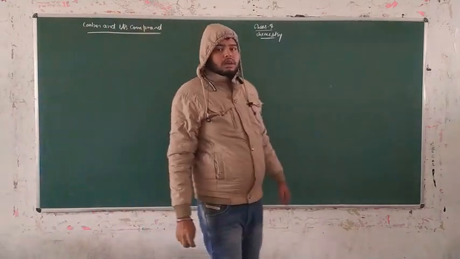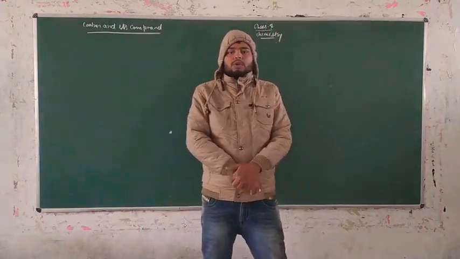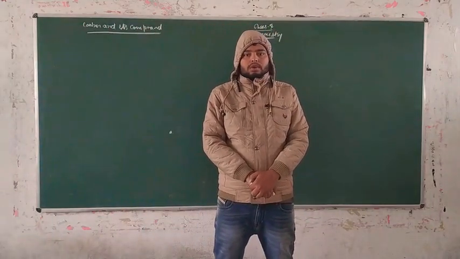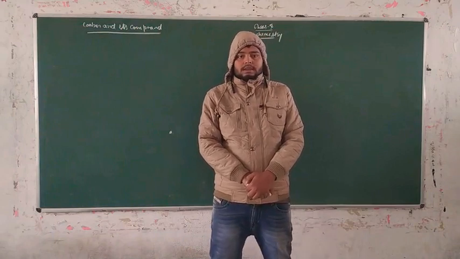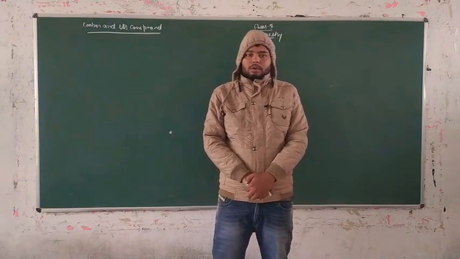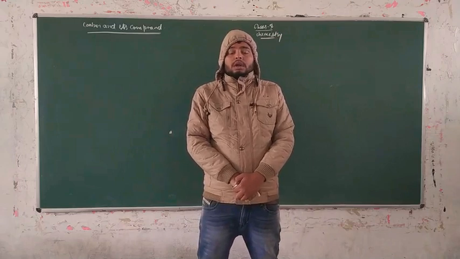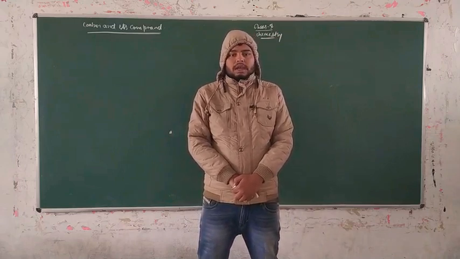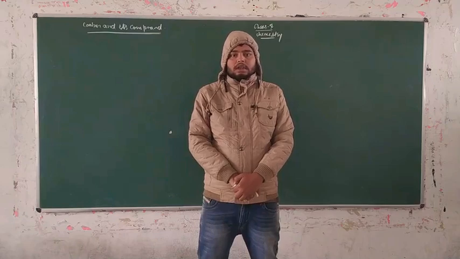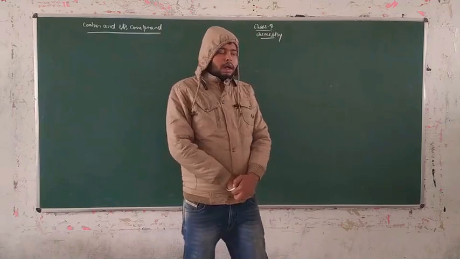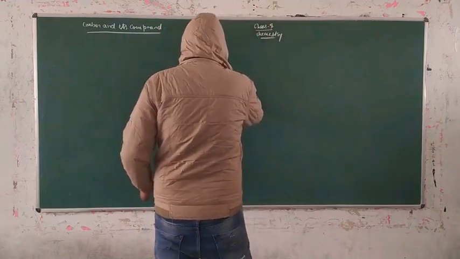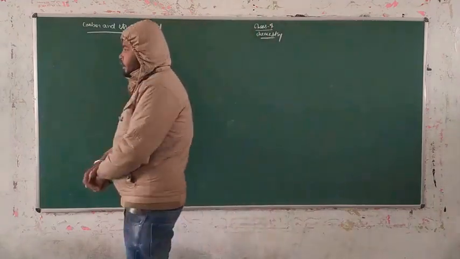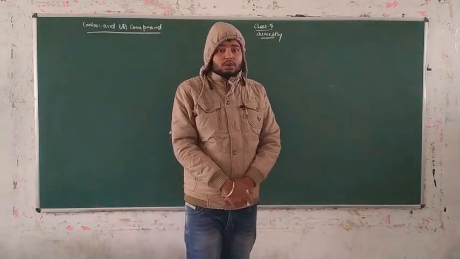So guys, in the previous section of the video, we studied the concept of homologous series. That means two or more substances having the same general formula, and their chains differ by a CH2 group.